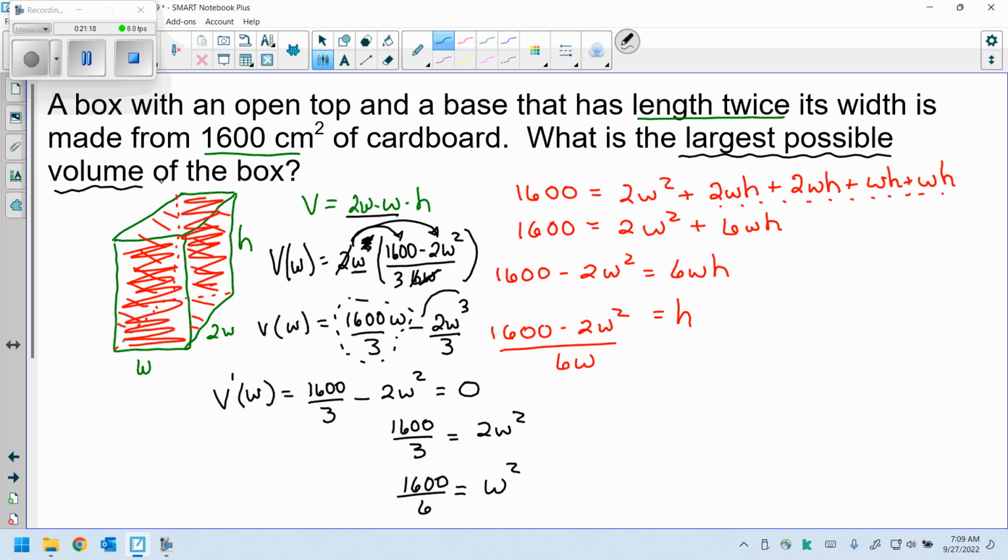So your job now is to figure out what W has to equal. And once you've found that, can you use this equation right here? Now that you know what that critical value of W is, can you use this to find that maximum volume of your box?